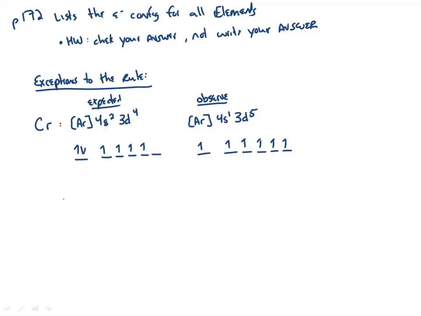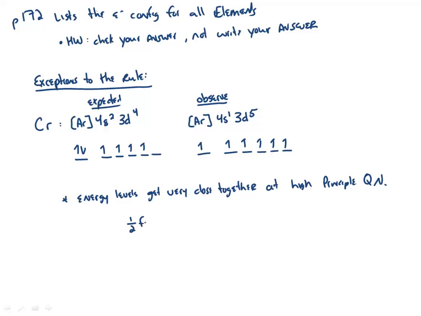And the reason for that is that first off, the energy levels get very close together at high energy levels, or at high principal quantum numbers. And it turns out that a half-filled d orbital is lower in energy than a partially filled d orbital.